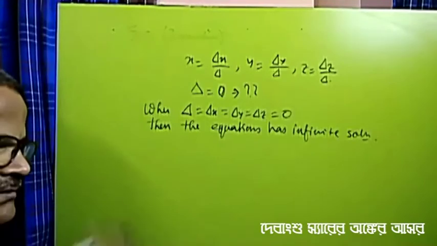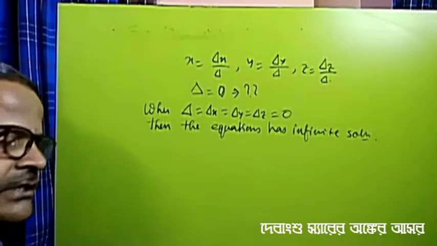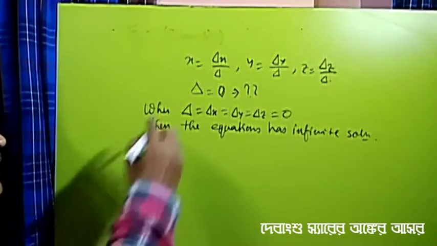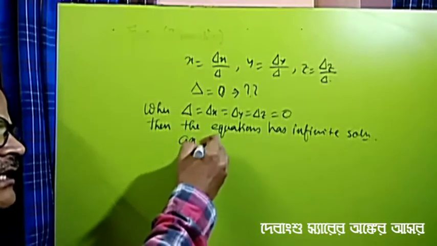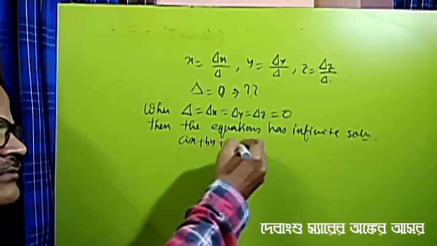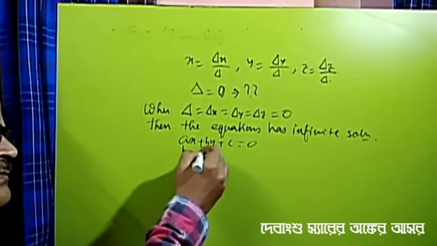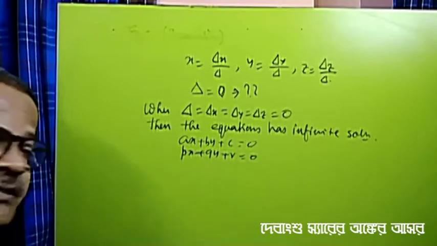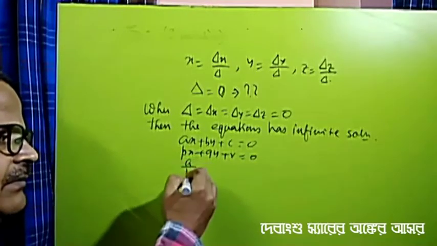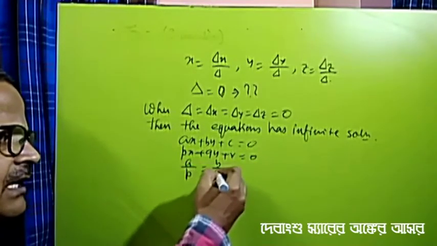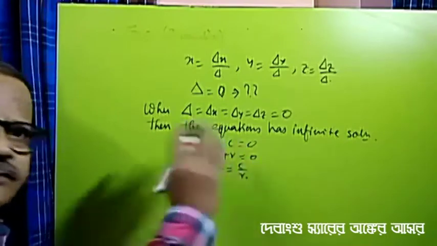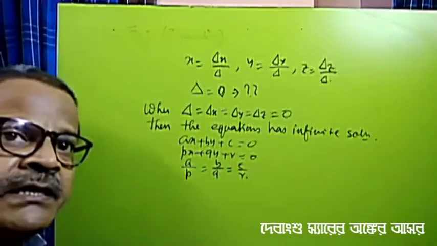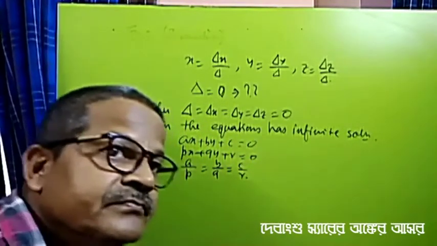Infinite solutions. You just recall your memory. In class 9, you learned that ax plus by plus c equal to 0 and px plus qy plus r equal to 0 have infinite solutions when a by p is equal to b by q is equal to c by r. This was the condition of having infinite solutions.